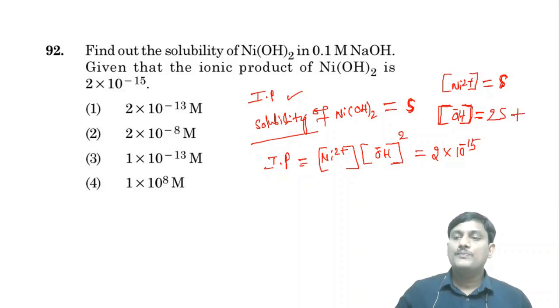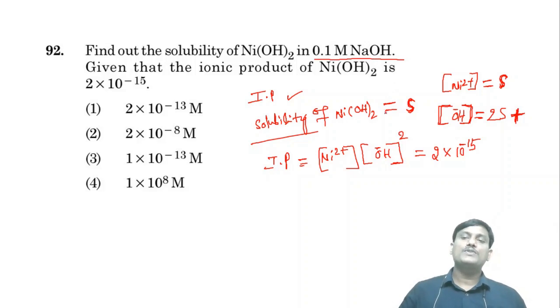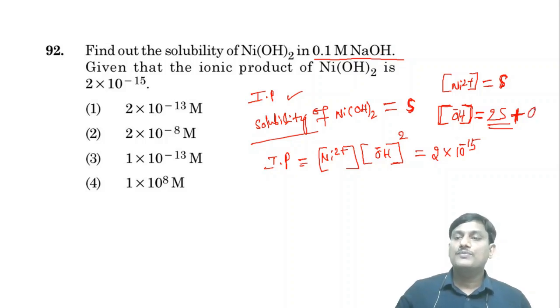And also there is a possibility of OH minus ions coming from 0.1 molar NaOH. So finally, what is the concentration of OH minus? The OH minus can be obtained from Ni(OH)2 and also from NaOH. From Ni(OH)2, the concentration is 2S. From NaOH, this one is 0.1 molar.